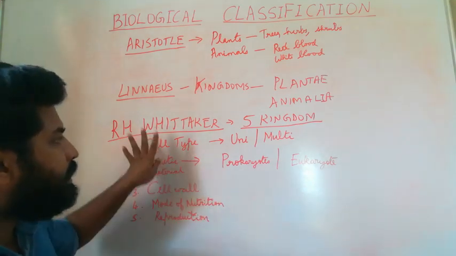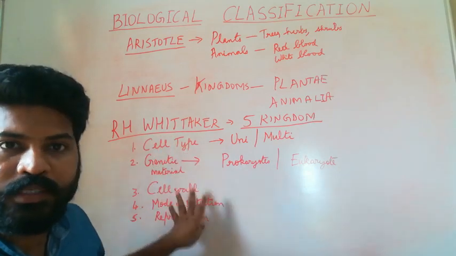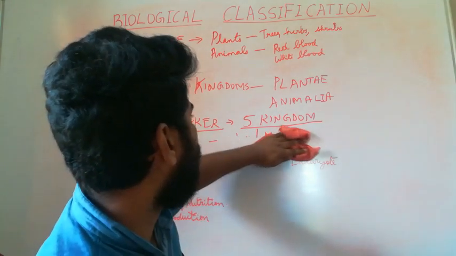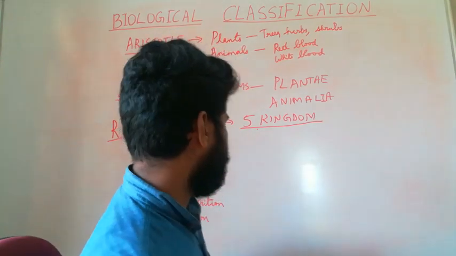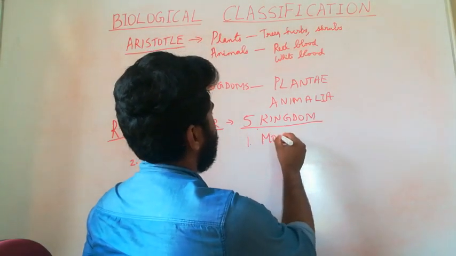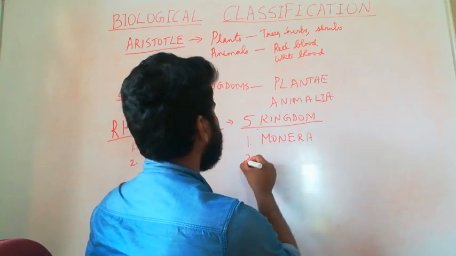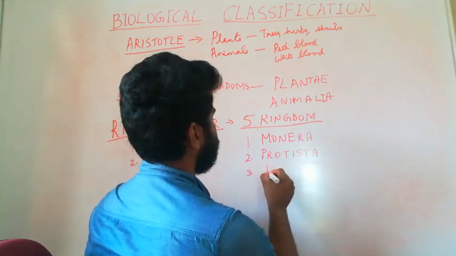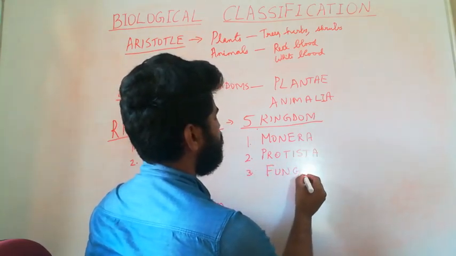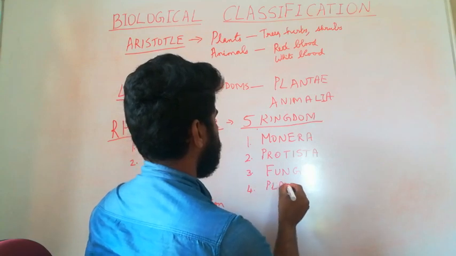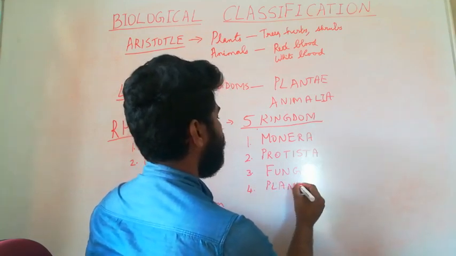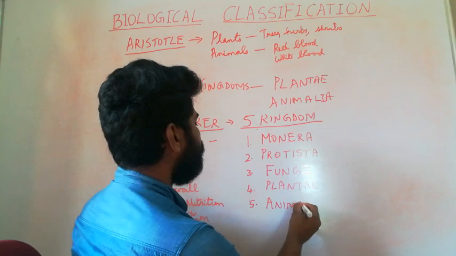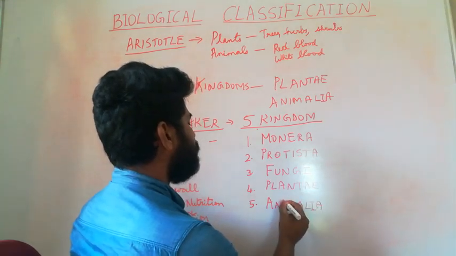So, based on these five features, Robert H. Whittaker classified all the organisms into Kingdom Monera, Protista, Fungi, Plantae, which we call plants, and Kingdom Animalia, that includes all the animals.